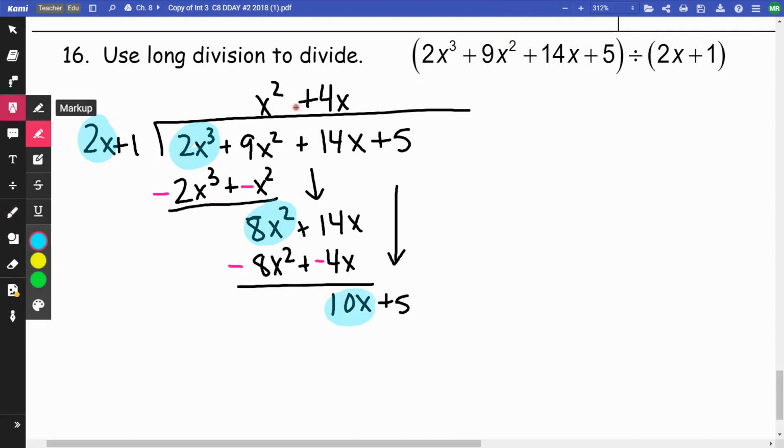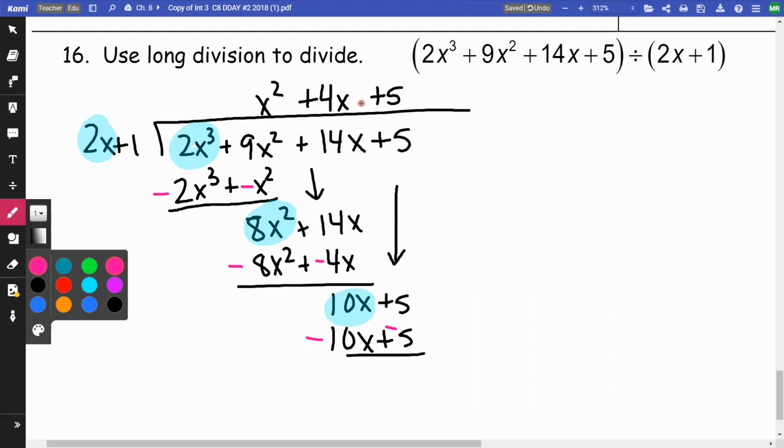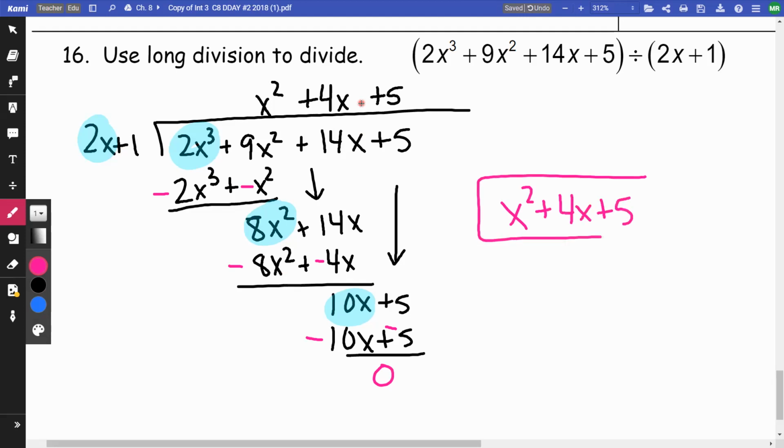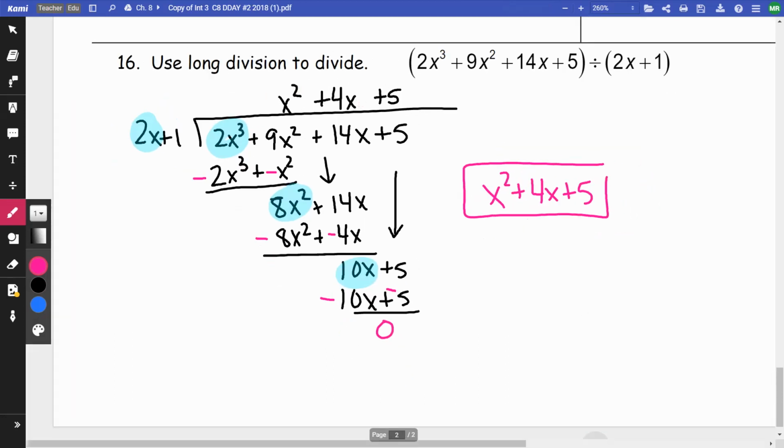And then I'm focused on the 10x. So 2x times what gets me 10x? Well, that's going to be a plus 5. So I get 10x plus 5. I'm going to subtract, and I end up with 0. So my answer is going to be x squared plus 4x plus 5. That is my answer. And that's the end of this video.